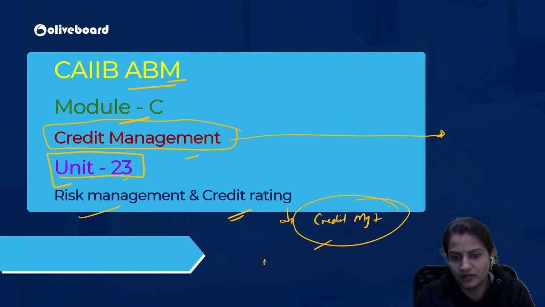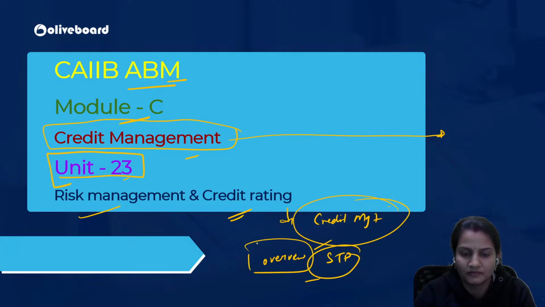Here we have seen the overview of credit management, then credit control, STP. All these chapters we have already covered. So I hope you have watched all those sessions. If you have not done so far, then please do watch the sessions. So today we have to start unit number 23, that is risk management and credit rating.